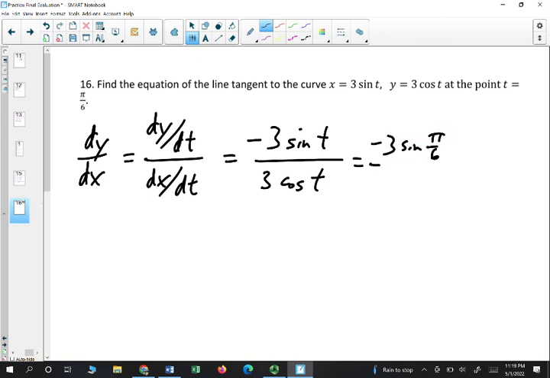Now we evaluate this, our dy dx, at pi over 6, so negative 3 sine pi over 6. Actually we could cancel out the 3's, right, because they're going to be gone. We could just have a negative sine of pi over 6, and then for a denominator, cosine of pi over 6. If you don't remember the cosine and the sine, you could draw your triangle, 30, 60, 90.